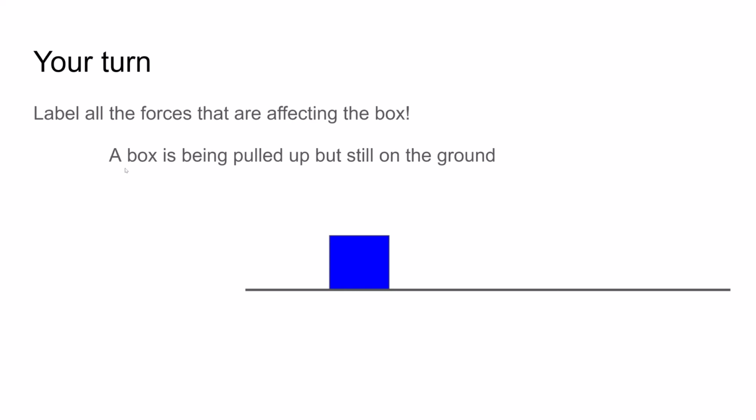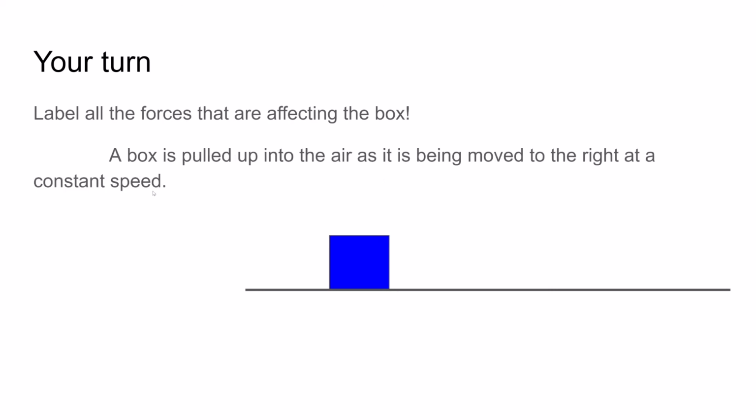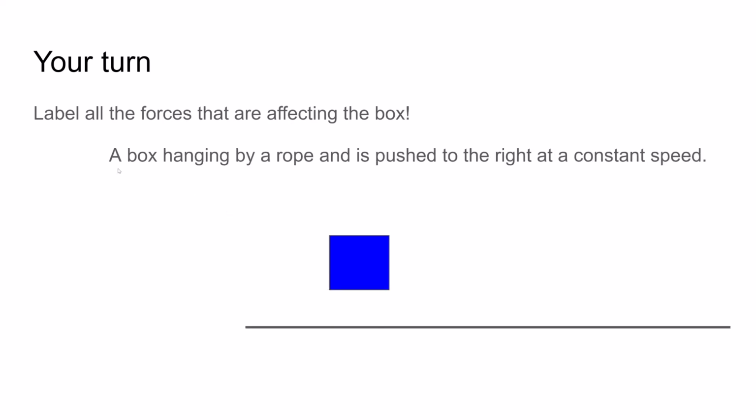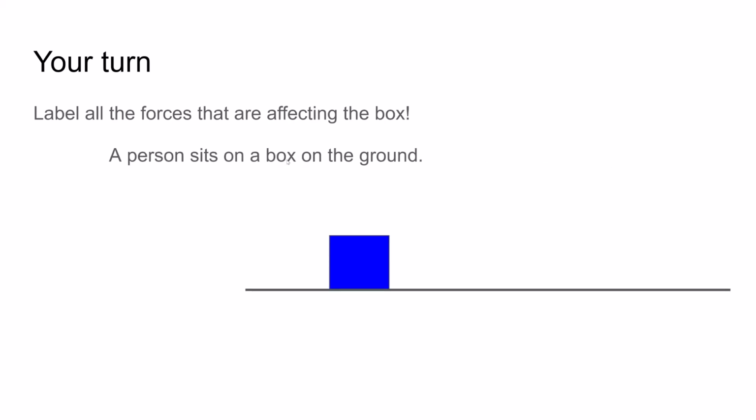We have a box being pulled up but still on the ground. A box is pulled up into the air as it is being moved to the right at a constant speed. A box hanging by a rope and is pushed to the right at a constant speed. And a person sits on a box on the ground. Then try and make your own and quiz each other before the end of the day.